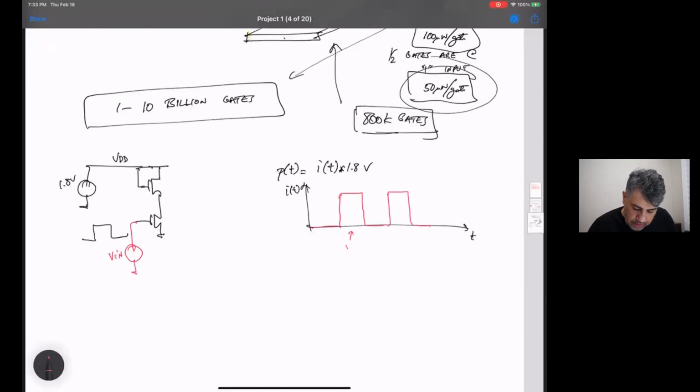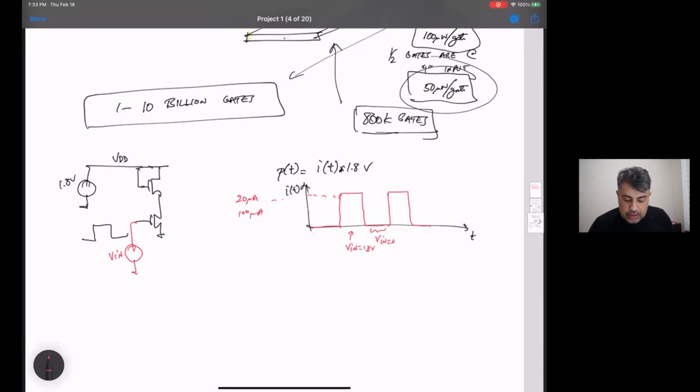This is when Vn is equal to 1, and this is where Vn is equal to 0, or Vn is equal to 1.8 volts, say. And this current might be maybe 20 microamps, 100 microamps, however you designed it. But this is the instantaneous current.